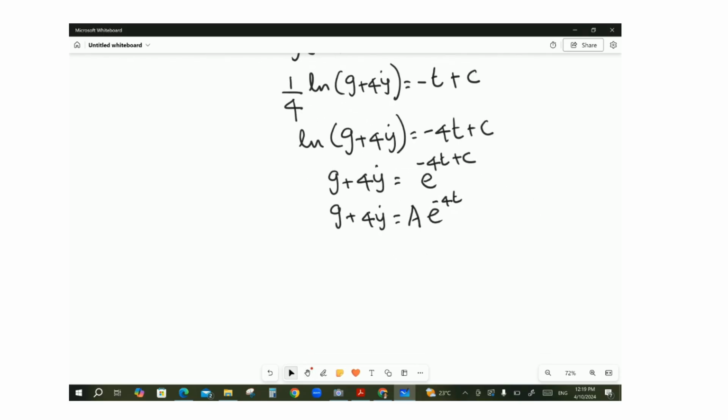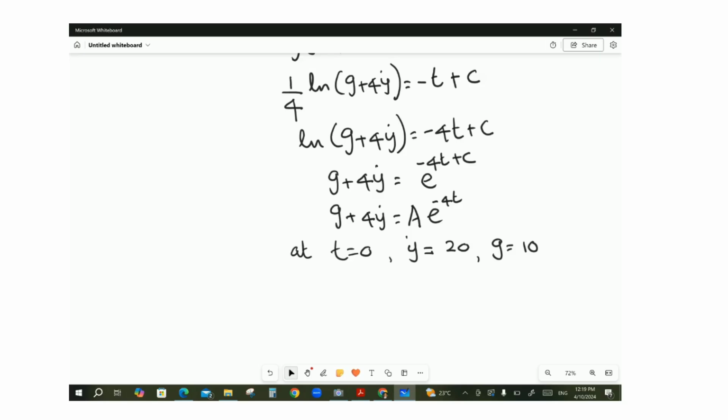Then we have to use the initial velocity to find the constant a. So we know that at t equal to 0, the initial velocity y dot was equal to 20, and we know that g is equal to 10 meters per square second.